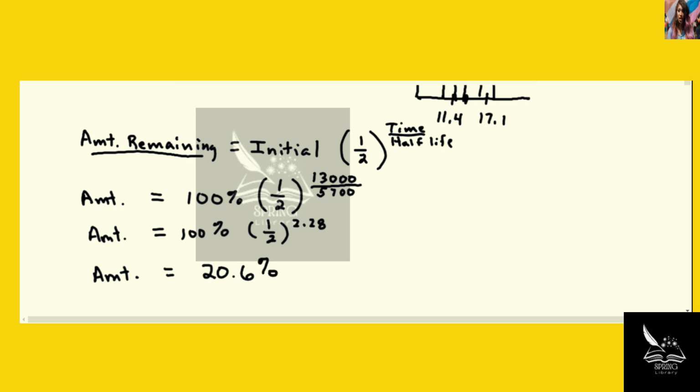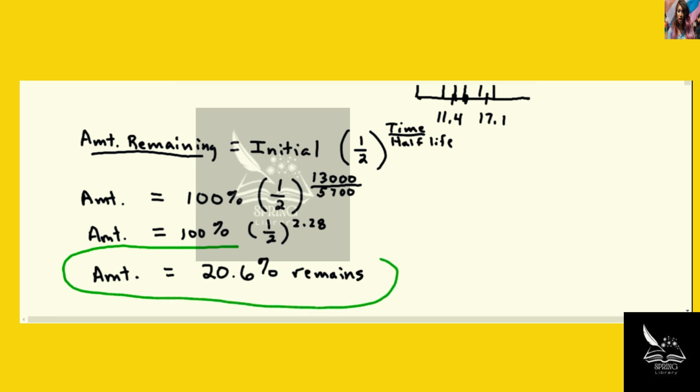So 20.6% remains of the carbon-14. That's pretty close to my earlier estimate of 20%. This is just a little more precise.